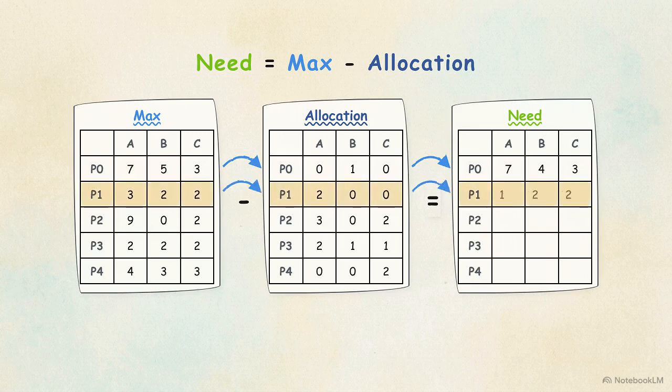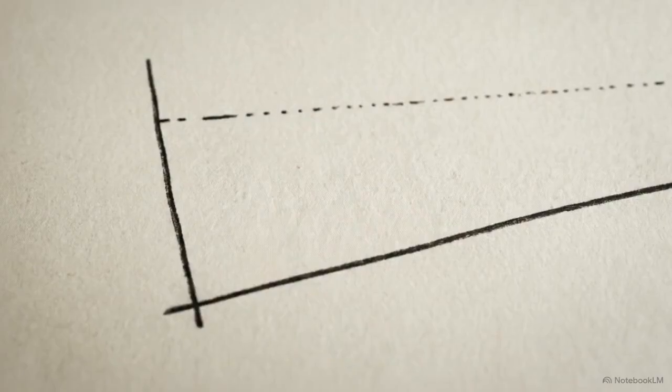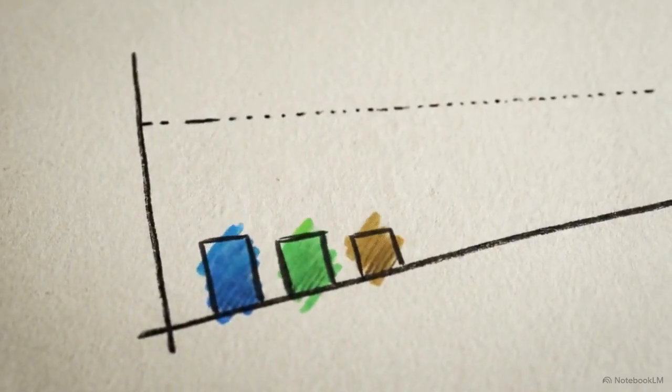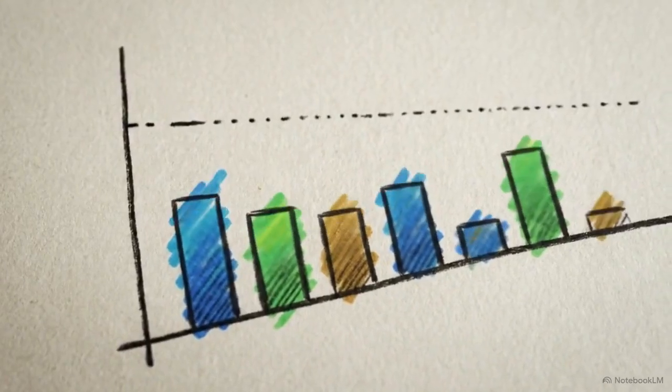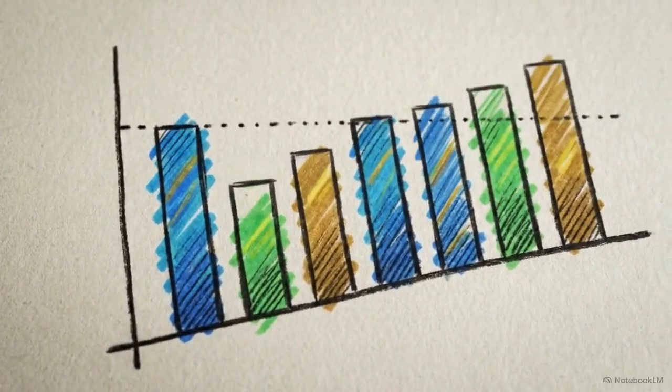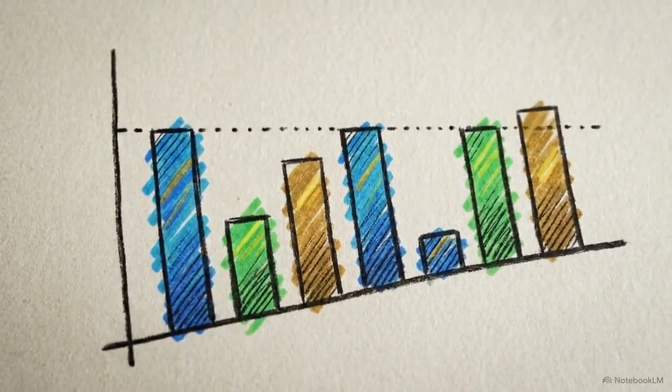This reveals a remaining need of 7, 4, and 3. Performing this subtraction for every process completes the need matrix, giving the OS a map of all potential future resource requirements. This matrix identifies the exact threshold of resources the system must be able to provide to guarantee that any individual process can reach completion.